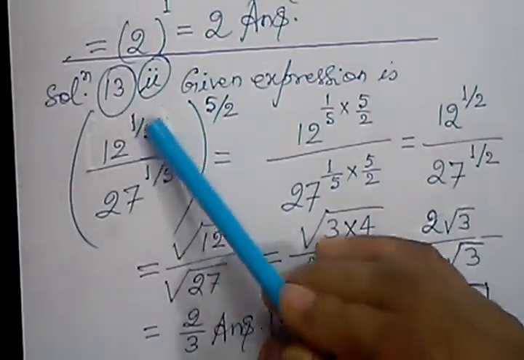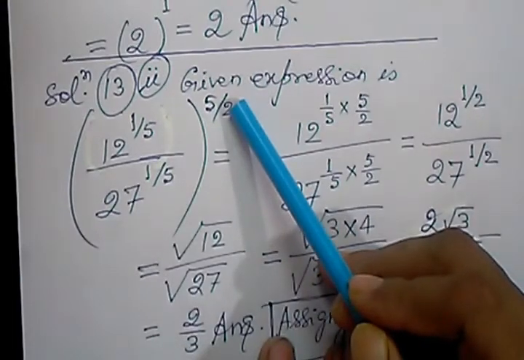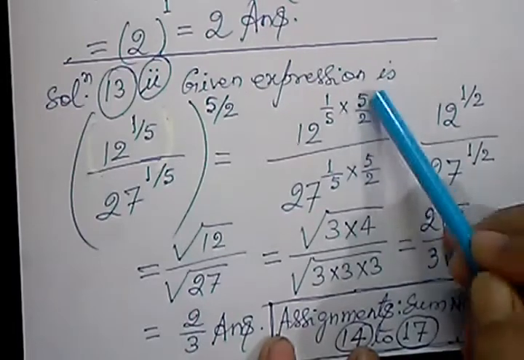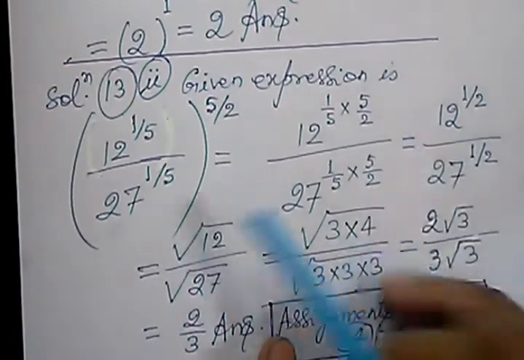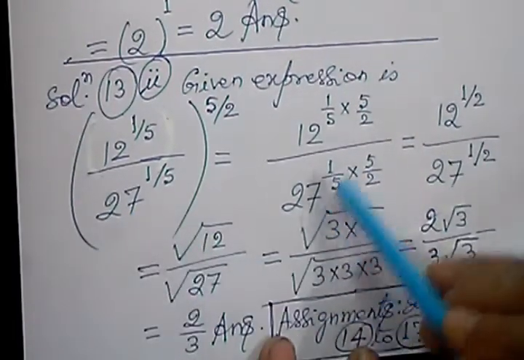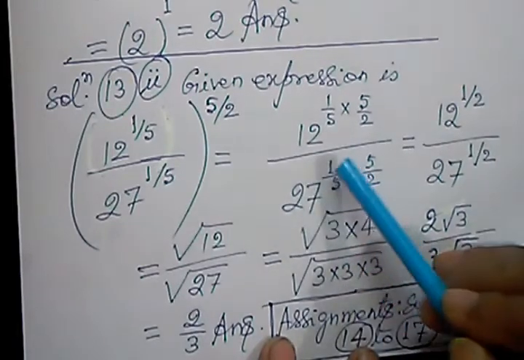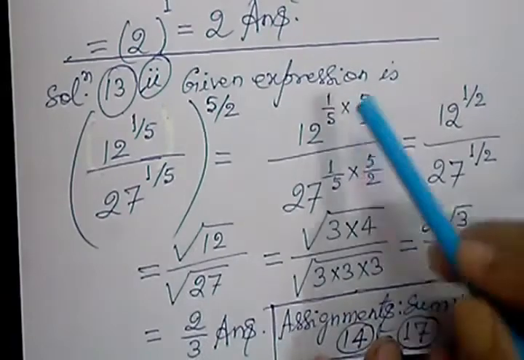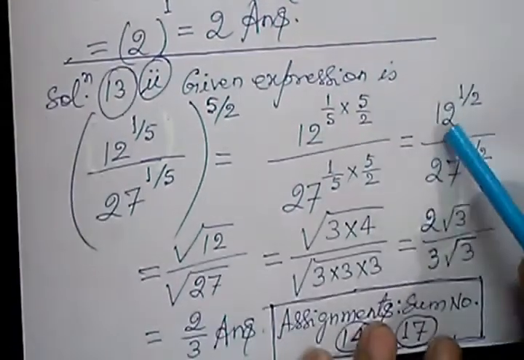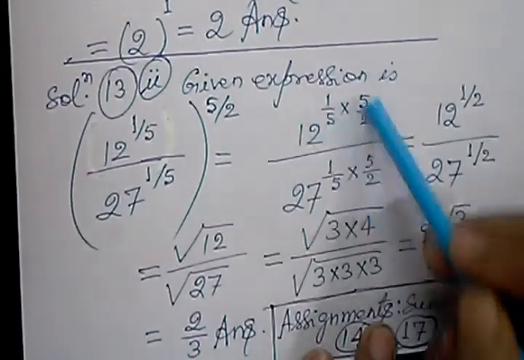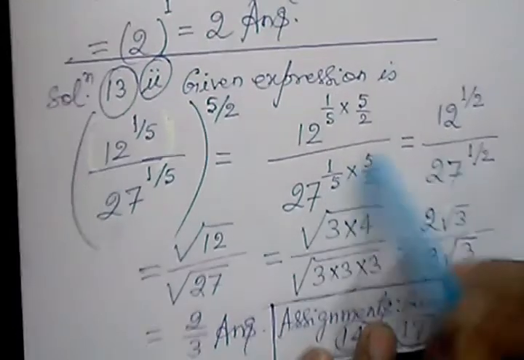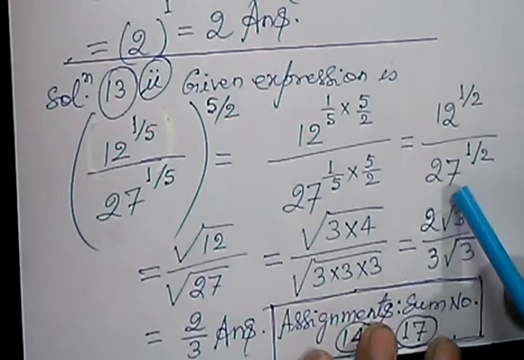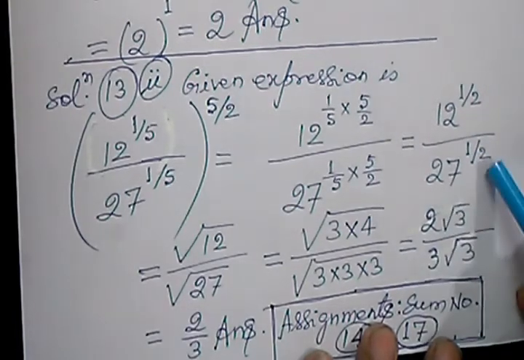And you know that in power of a power, powers are multiplied. So here 12 to the power 1 upon 5 into 5 upon 2, and in the denominator 27 to the power 1 upon 5 into 5 upon 2. Now multiply it, you will get 12 to the power 1 upon 2 because 5 cancels here. Here also in the denominator 5 and 5 cancelled. So here it is only 27 to the power 1 upon 2.